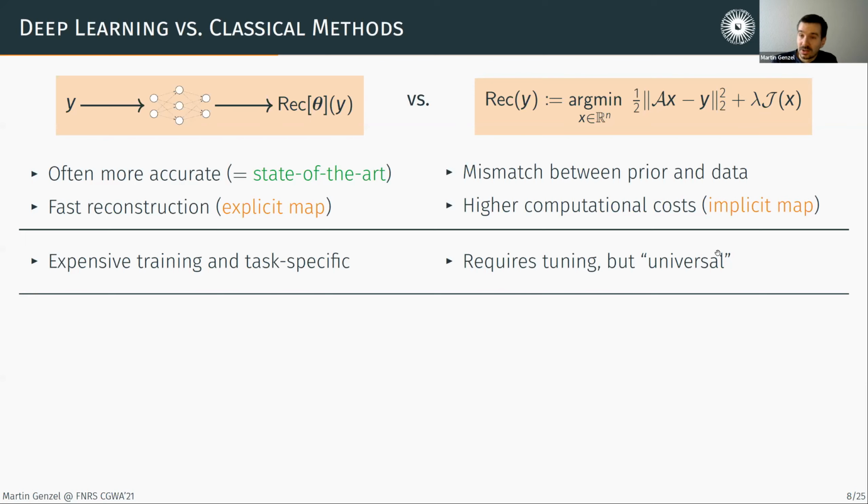In contrast, these variational methods are typically universal, right? You can use things like total variation minimization in many different image modalities, many different regimes. So they are universally applicable. However, there's also some hidden cost here, which typically manifests in choosing the hyperparameters, which in this case would be this parameter lambda. So this is also a non-trivial task.